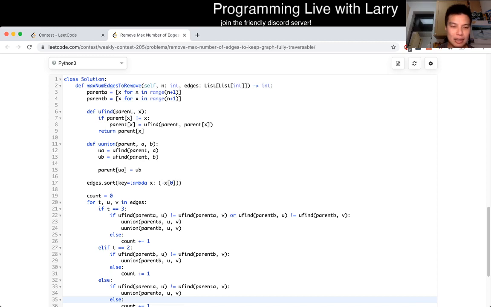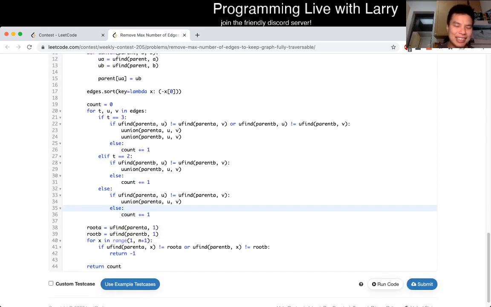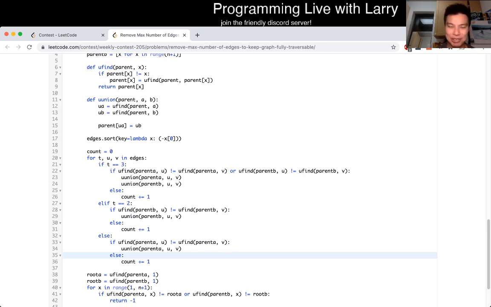Let's say you didn't sort it. Let's say you do a filter to do the 3s first, and then the 2s and the 1s you don't care in what order, so you could just separate them out. If you do it that way, then everything is dominated by the union cost per edge, which is, let's just say, the inverse Ackermann function.